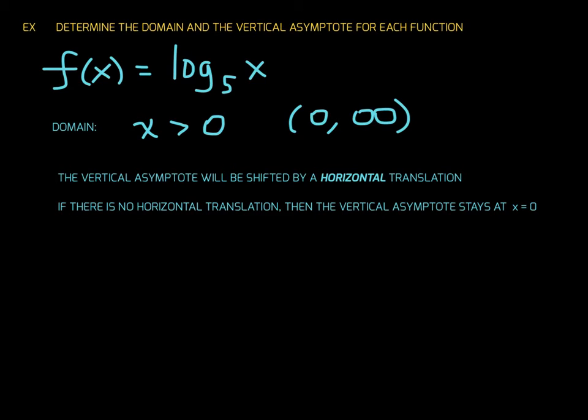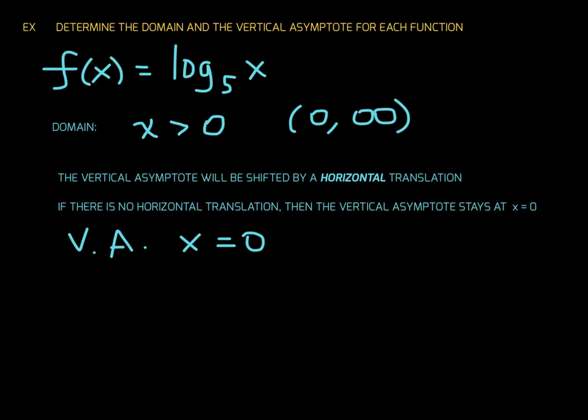So when you look at this function, notice that there is no horizontal translation. Remember, horizontal translations appear in the argument. They change the argument, and so the argument is just x. Therefore, your vertical asymptote is x equal to 0. All right, the y-axis.